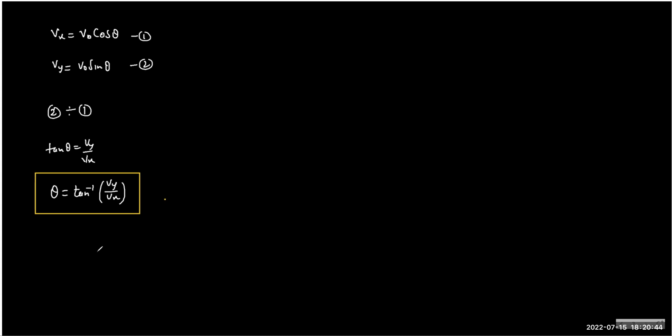Inverse is a method of writing in mathematics, and it gives the angle. So tan inverse is like an operator, and when this operator operates on a number, it gives another number which we interpret as an angle. These are the methods we employ everywhere, not only in this case.